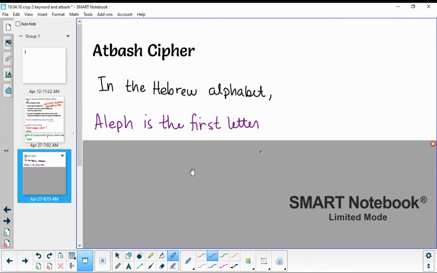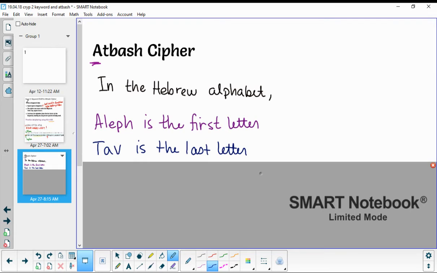Aleph is the first letter of the Hebrew alphabet, so that's where the A comes in. Tav is the last letter. In the Atbash cipher, we are going to take the first letter of the alphabet and switch it with the last letter. That's what our substitution is going to be.